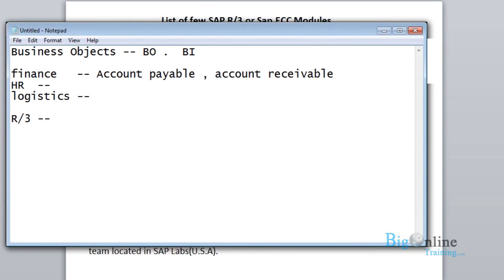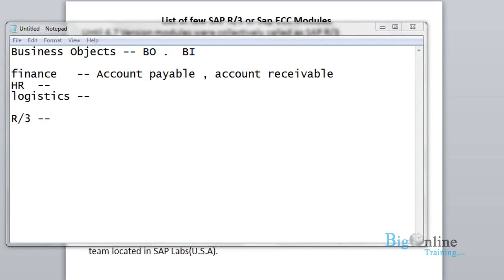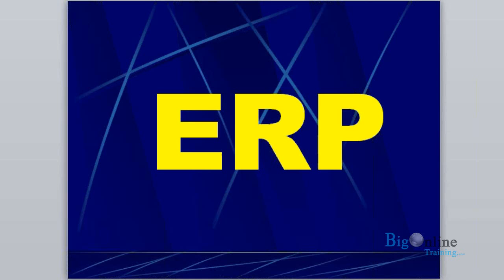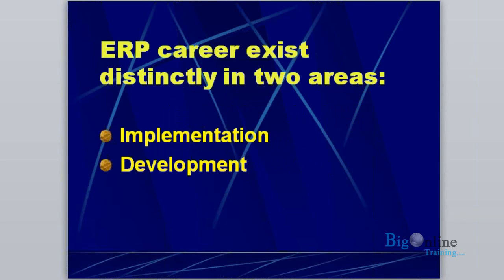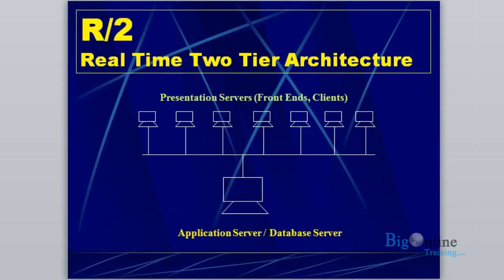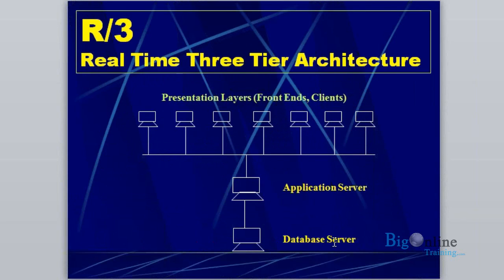Let us see what R3 means. R3 means real-time three-tier architecture. You have three layers or three tiers: one is the database server, one is the application and the other is the presentation.